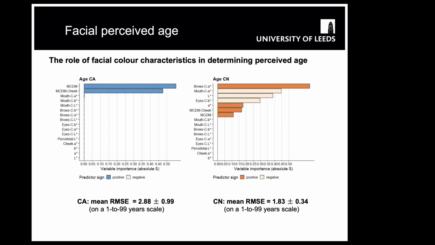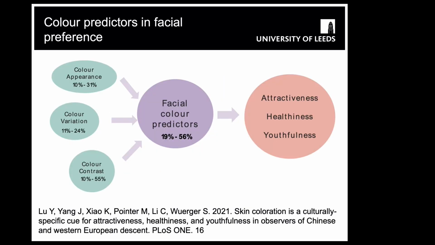Also, there is a good relationship between skin color and facial preference, but it's highly cultural dependent. What we're trying to do is see whether, from the color appearance, we are able to predict facial preference.